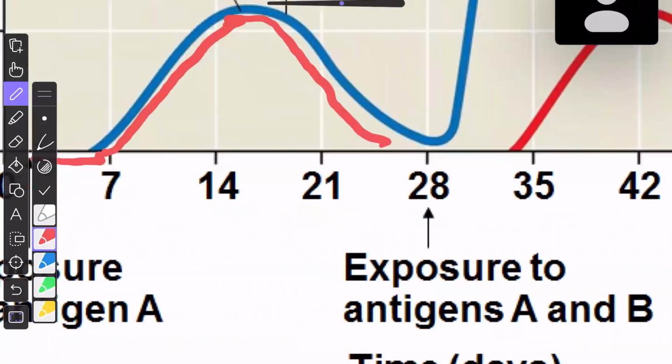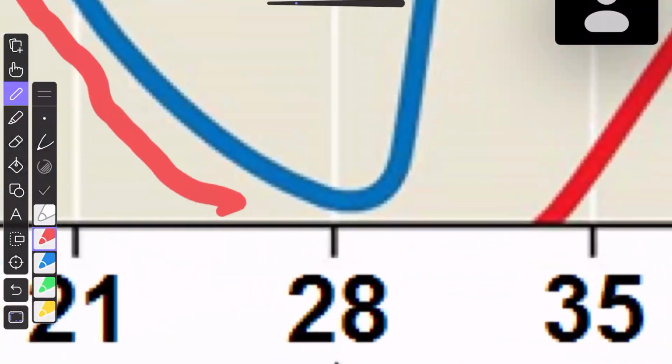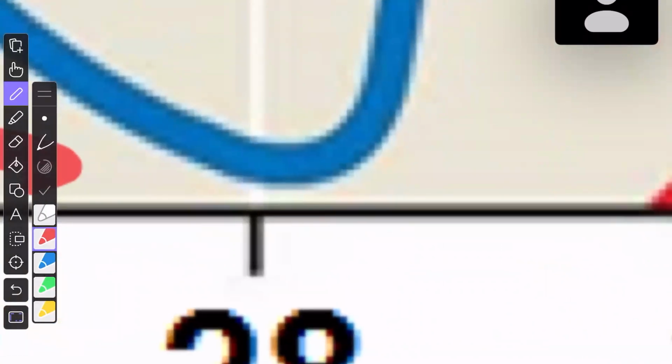Now, what do you notice happens? I don't think I can get any bigger with it. What do you notice? It dips, but it doesn't go to zero. Why don't I go to zero? Yes, the memory cells.